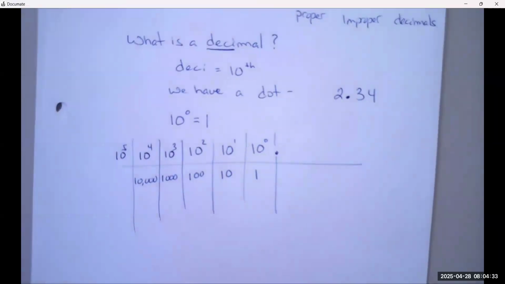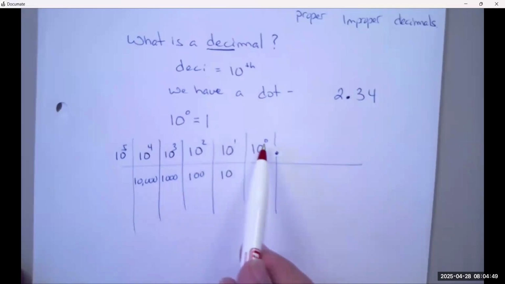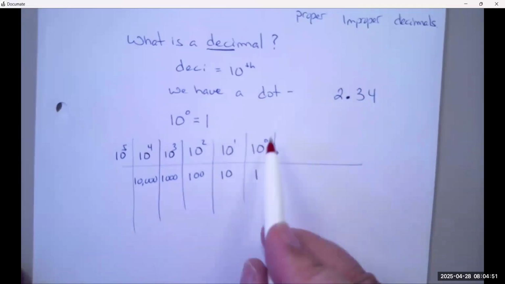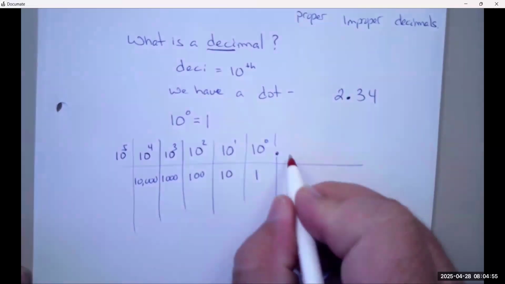So that's moving to the left. The farther a number is to the left, the bigger it is. Now, let's go to the right. Notice how the exponent decreases. What comes after 0? Negatives.